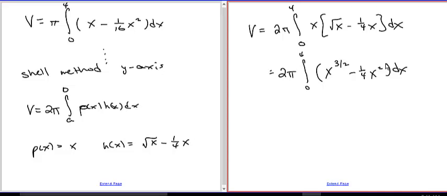I could do something like y equals x squared and some line that goes more vertically and come up with the same kind of problem, but it would be easier to integrate with respect to y than with respect to x. But I'm not going to ask you to do it around an axis other than the x and y axis. Okay, so that's off the table.